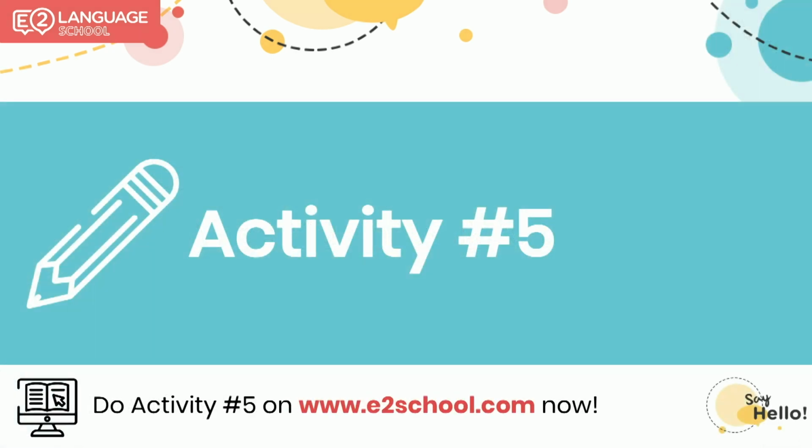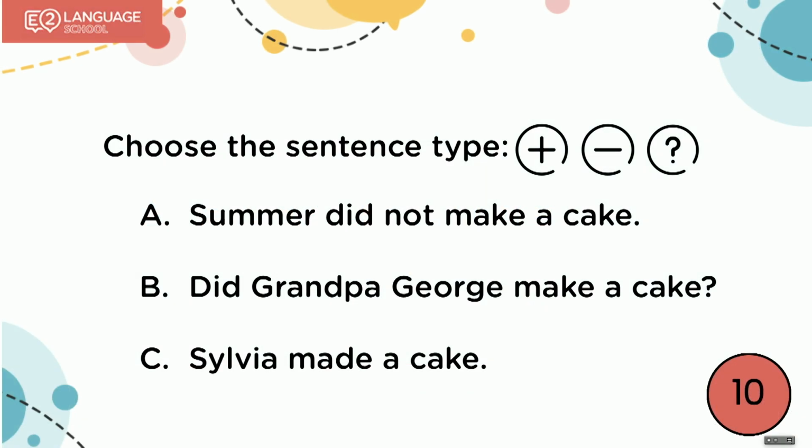Let's do activity 5 on e2school.com. What I want you to do in 10 seconds is decide whether these sentences are positive, negative, or question types.